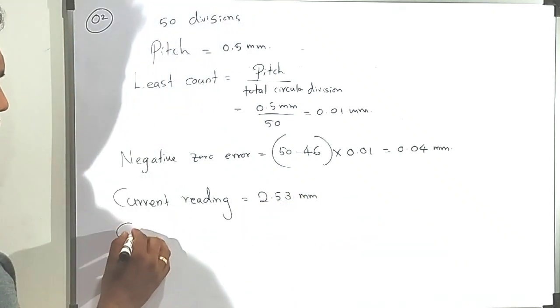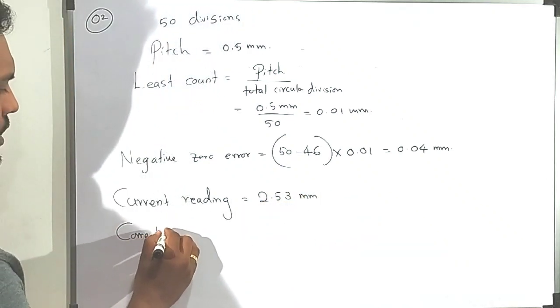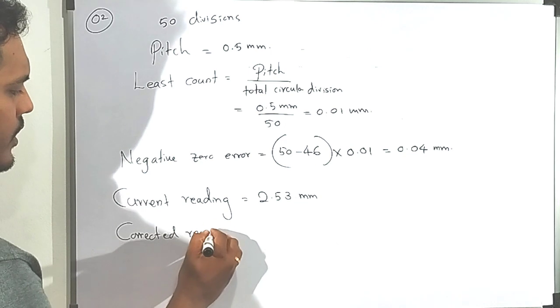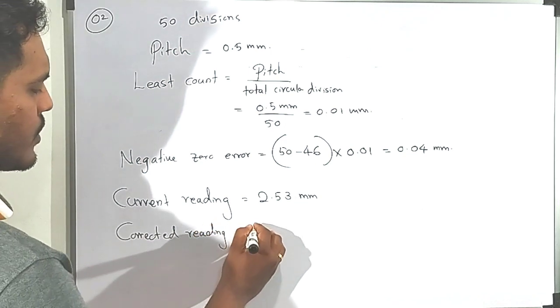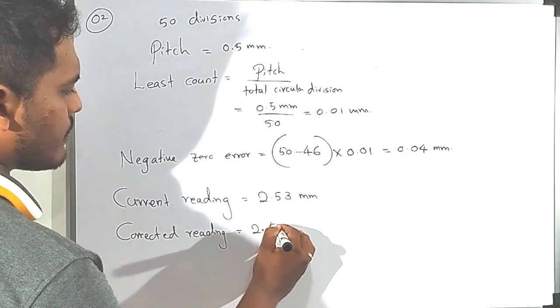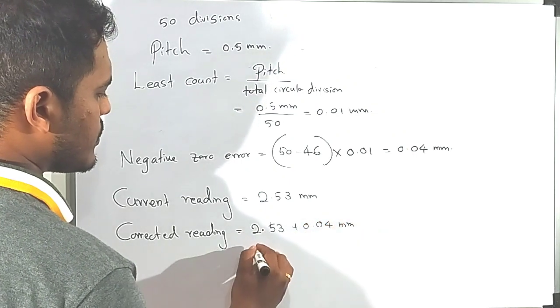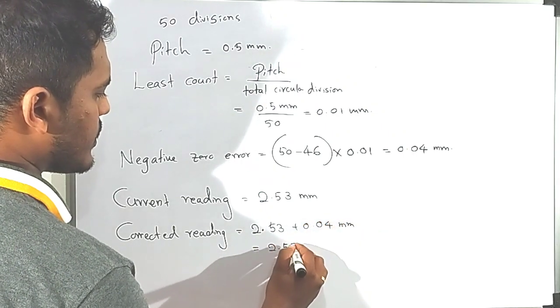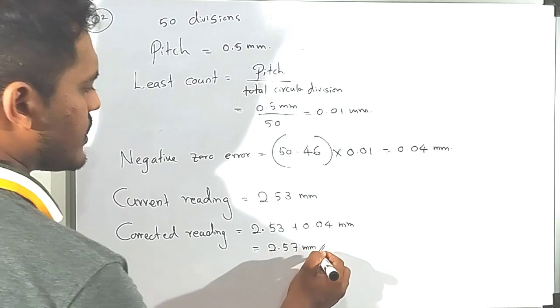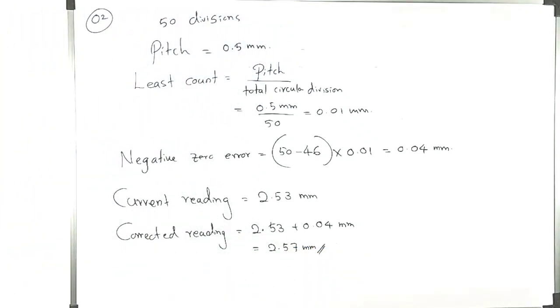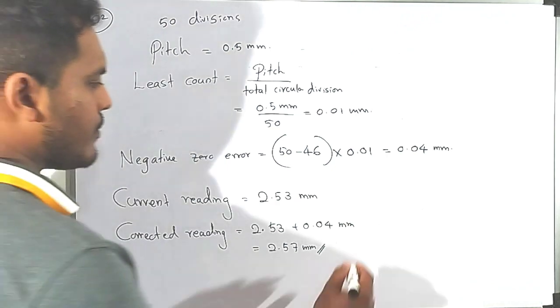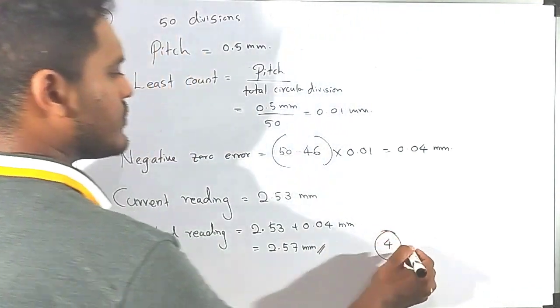Then the corrected reading will be 2.53 plus 0.04 millimeters, which is 2.57 millimeters. This will be the answer. Answer number 4.